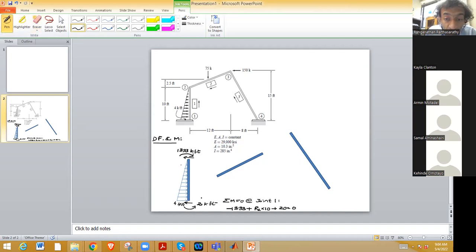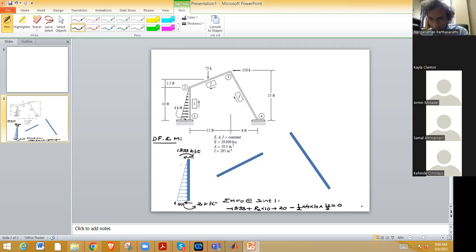This is here, and then the load itself. So this will be negative 1/2 of 4 times 10 times 10 over 3, and this whole thing must be 0.